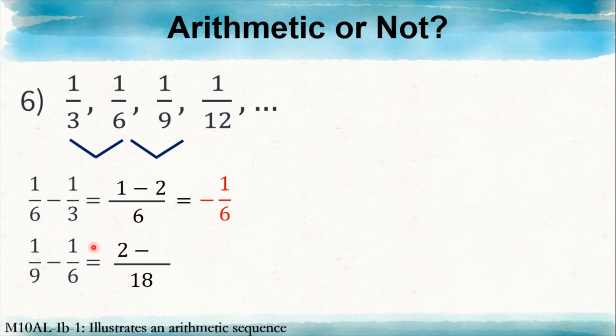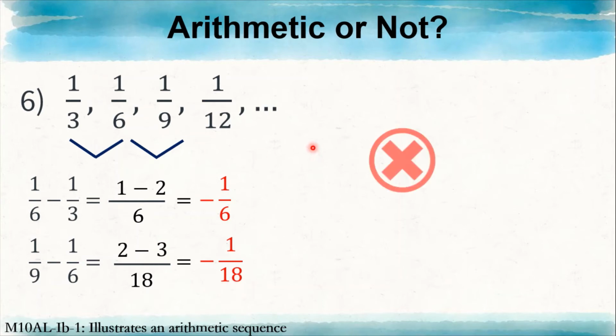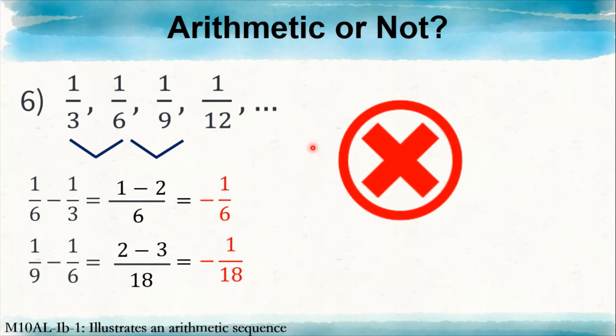The answer is 2. 18 divided by 6 is equal to 3 times 1 is equal to 3. Subtract ang numerators. So the answer is negative 1/18. So no need to solve for the fourth term minus the third term. Kasi sa tatlong terms pa lang, nakita na ang difference natin ay magkaiba. Therefore, this sequence is not an arithmetic sequence.